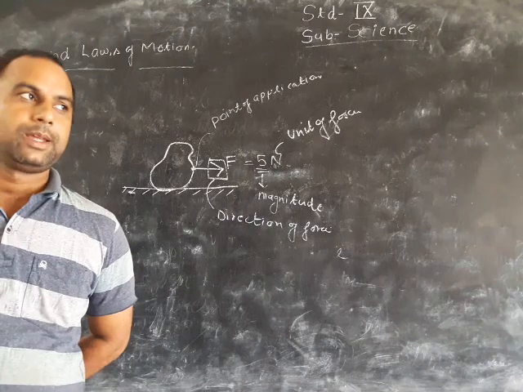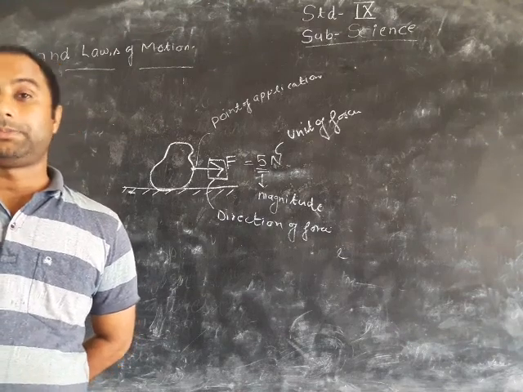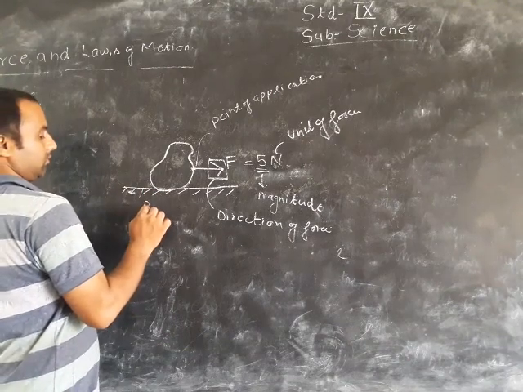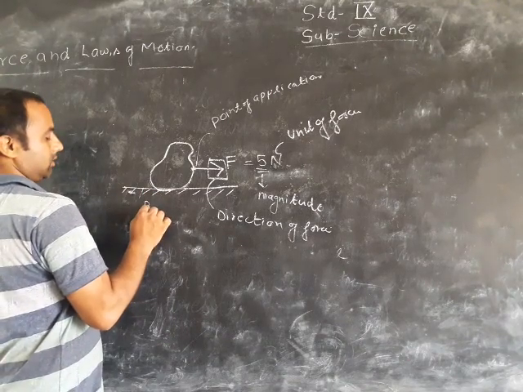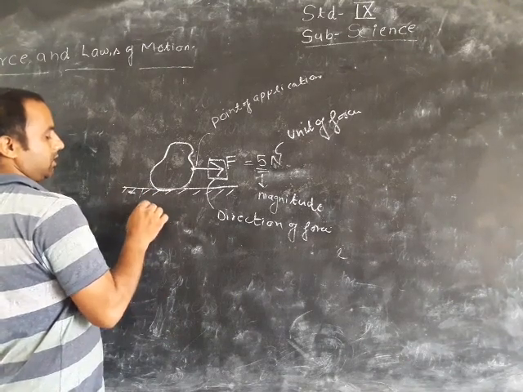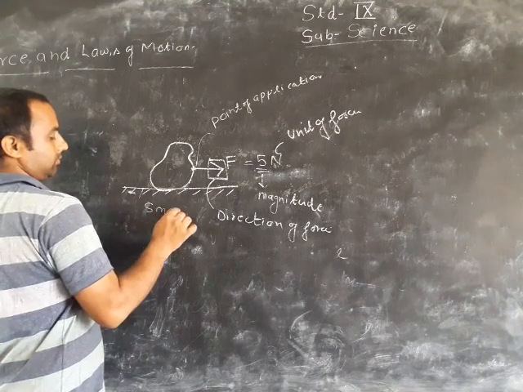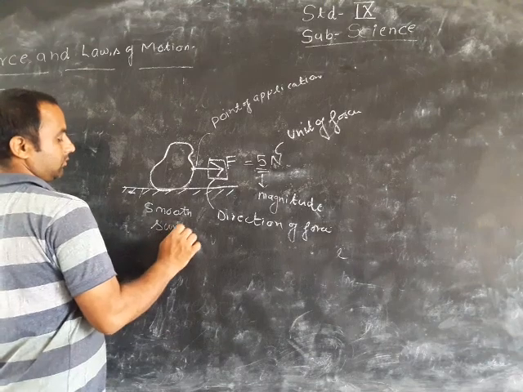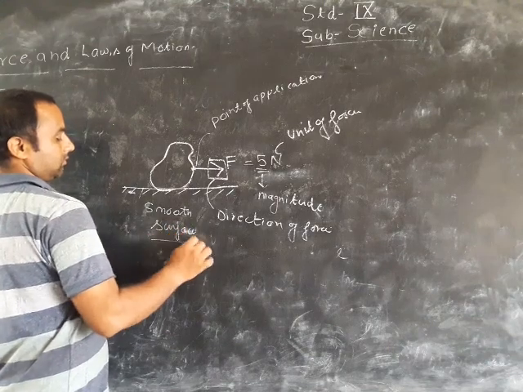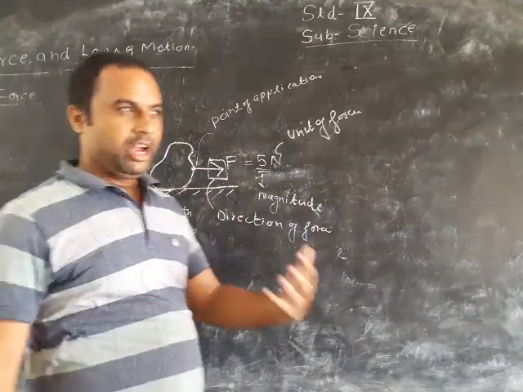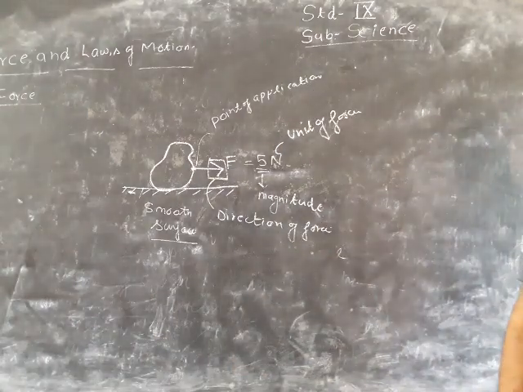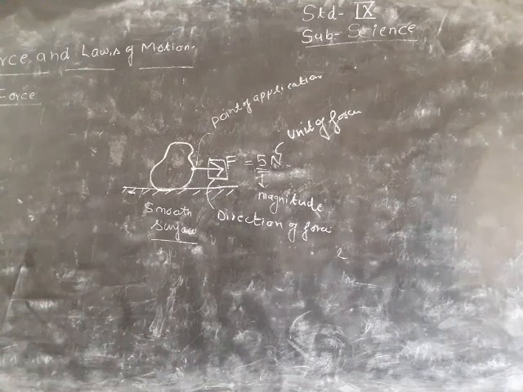If this ground is perfectly smooth, this is a smooth surface. And there are rough surfaces, where friction is also a force that gets added in this system.